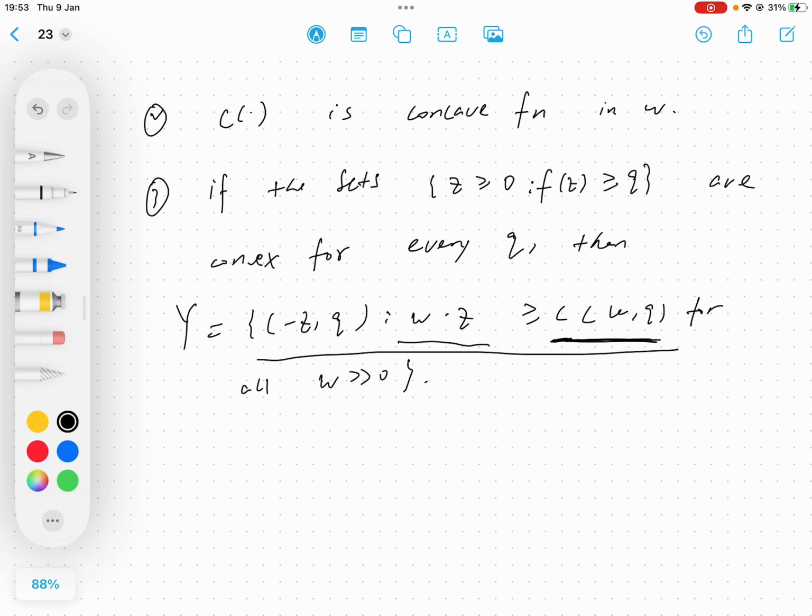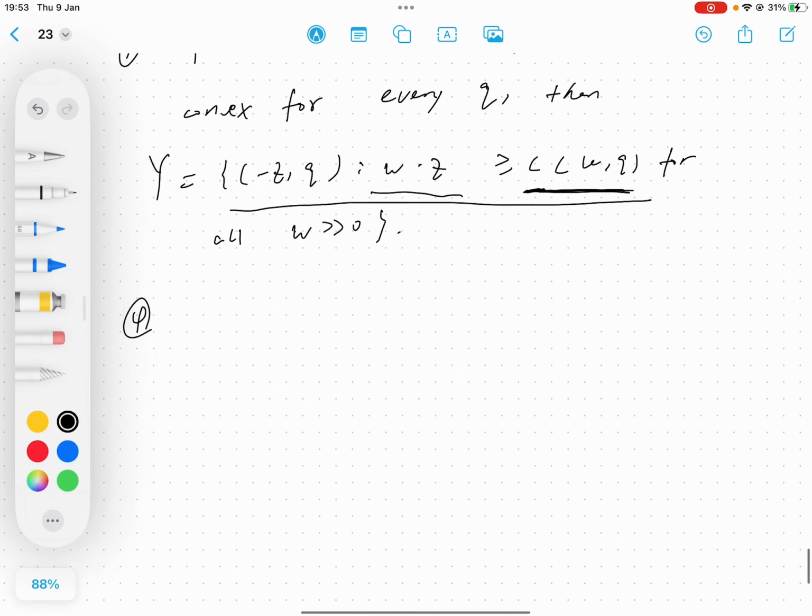Okay, good. You can also verify this graphically, as we mentioned before, or you can try to prove this mathematically and refer to the textbook for further reading. Okay, good.